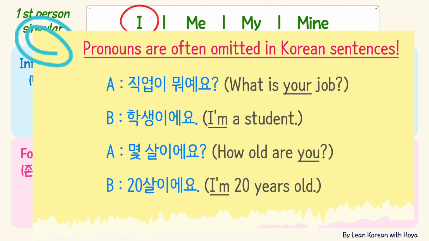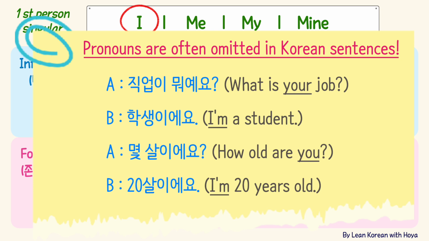Let's take a look at this dialogue, for instance. A asks, 직업이 뭐예요? What is your job? B answers, 학생이에요. I'm a student. A asks, 몇 살이에요? How old are you? And B answers, 20살이에요.